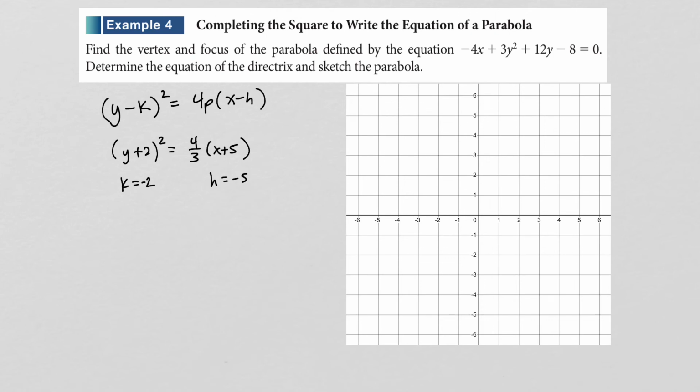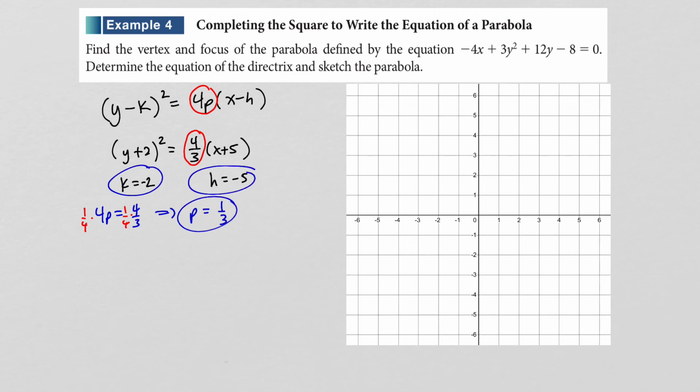And to find p, you can see that 4p is equal to 4/3. So that one we have to solve for. 4p equals 4/3. Multiply both sides by 1/4 to solve for p, and that is going to give us p equals 1/3. So now we have the values of k, h, and p.